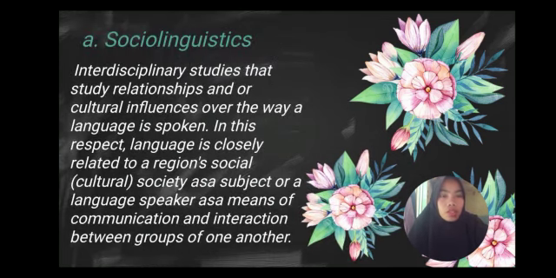A. Sociolinguistics, an interdisciplinary study of the relationship and cultural influence on the way a language is spoken. In this respect, language is closely related to a region, a social or cultural society as a subject, or a language speaker as a means of communication and interaction between groups.